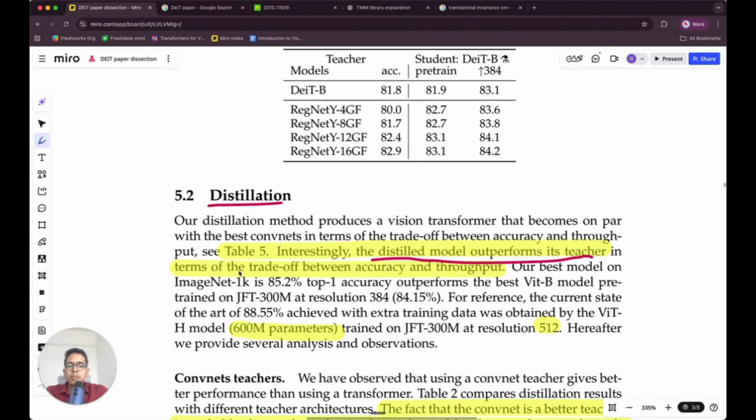Our best model on ImageNet 1K reaches 85.2% top 1 accuracy, and outperforms the best vision transformer base model, which was pre-trained on the 300 million dataset, and had only an accuracy of 84.15. So more than 1 percentage point improvement. It's really amazing in deep learning, in computer vision.